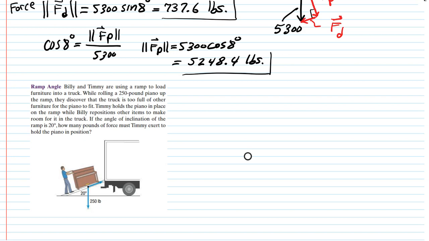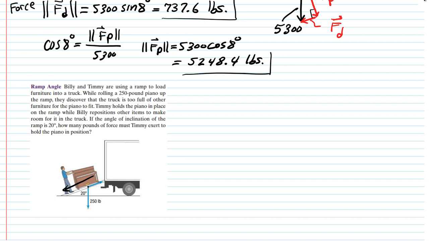Timmy holds the piano in place on the ramp while Billy repositions other items to make room for it in the truck. If the angle of inclination of the ramp is 20 degrees, how many pounds of force must Timmy exert to hold the piano in position?